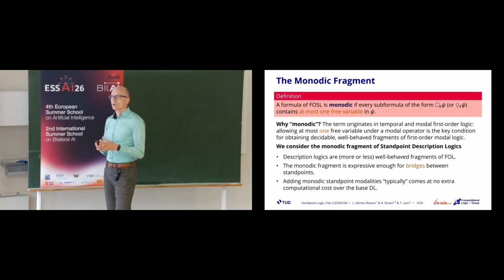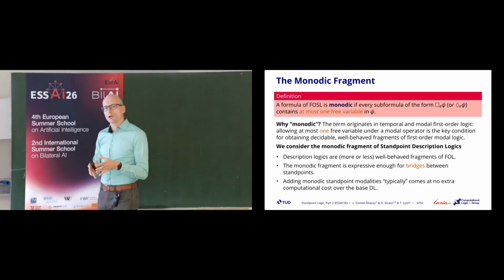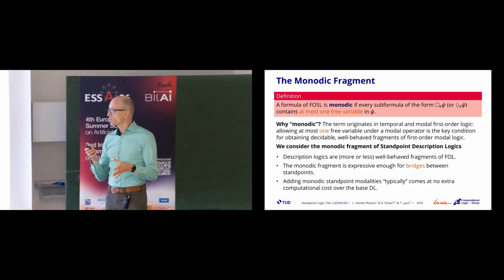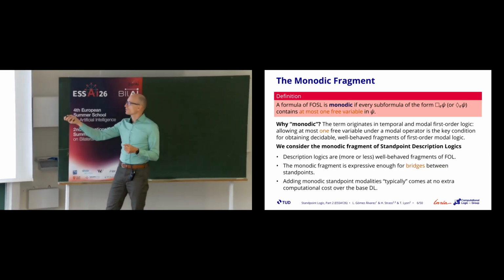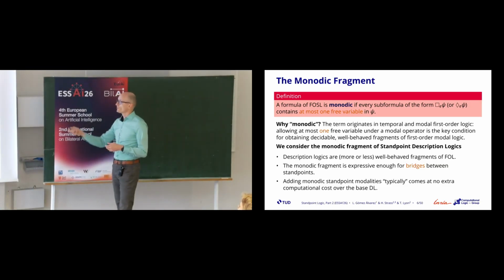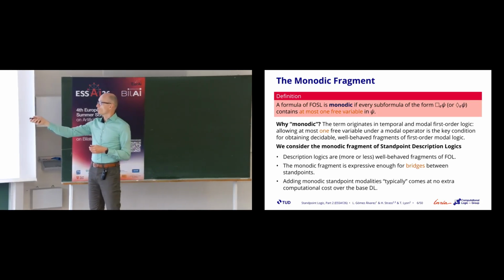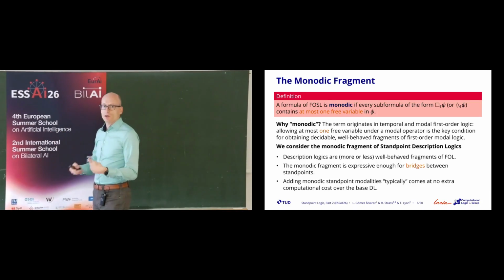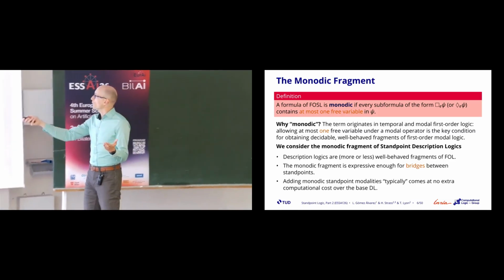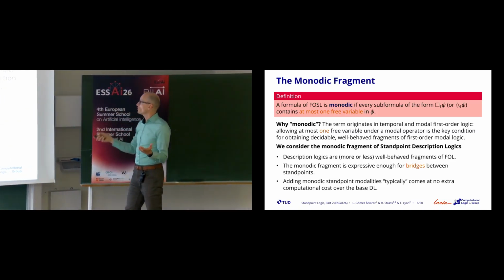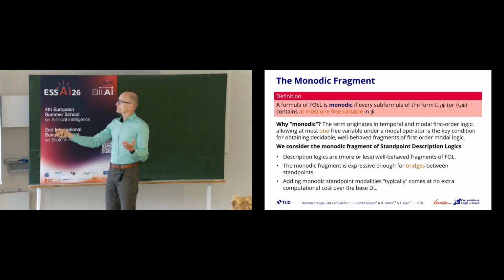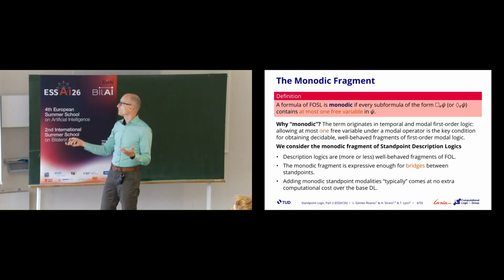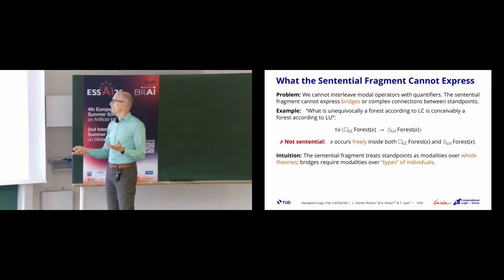So let's just try to restrict to allowing only one free variable. And this leads to the so-called monodic fragment, and mono because it's only one, right? At most one free variable. So this extends the sentential fragment because if you have no free variable, you have at most one. But you can also express these bridge statements that we had before.